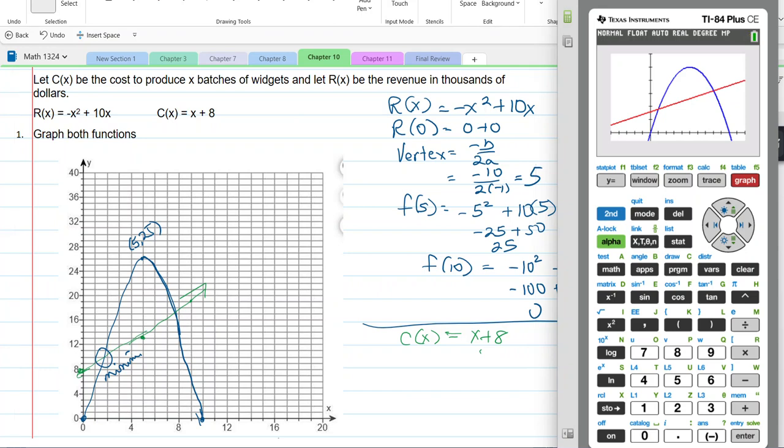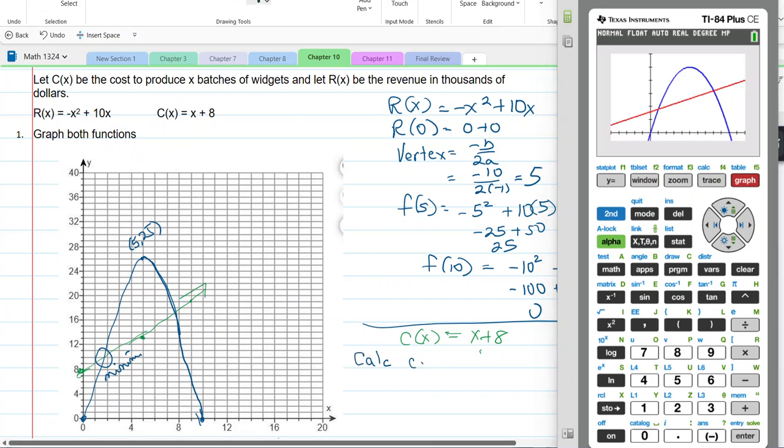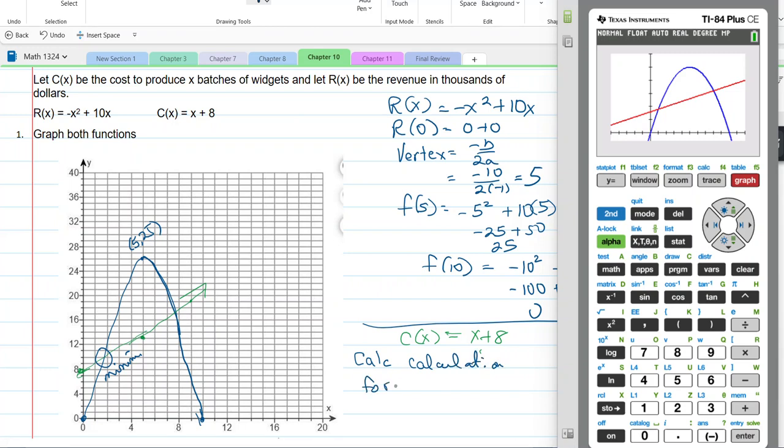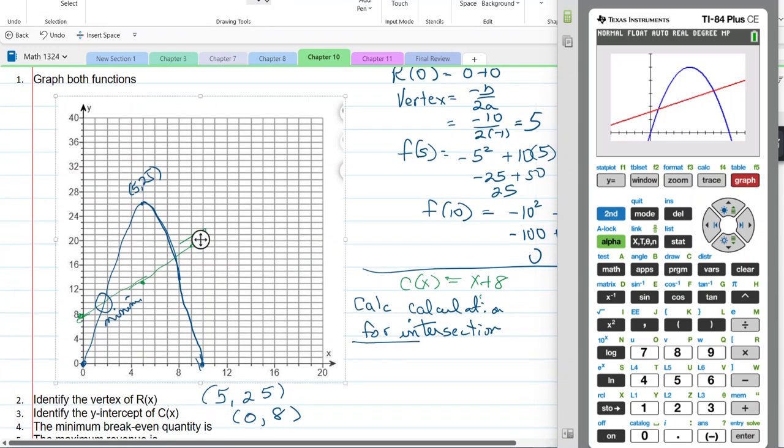So we can see our graph, and this is the minimum. Now let's write that down. We're talking about intersection.